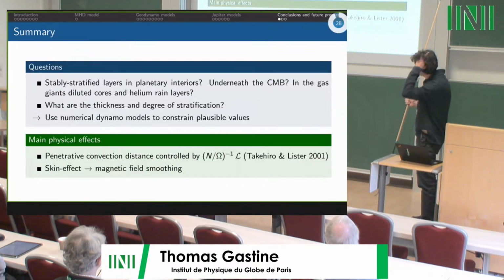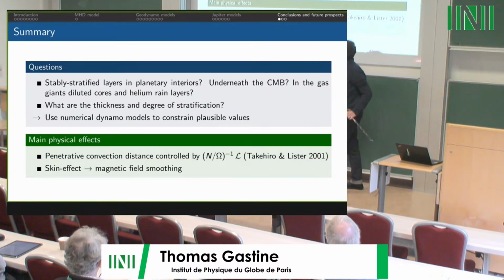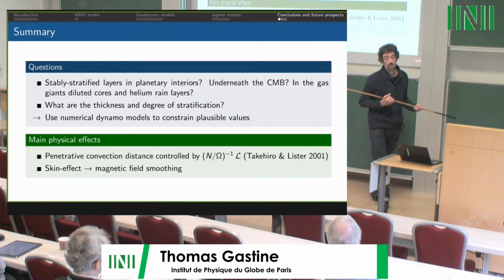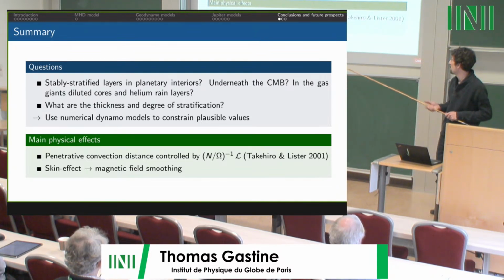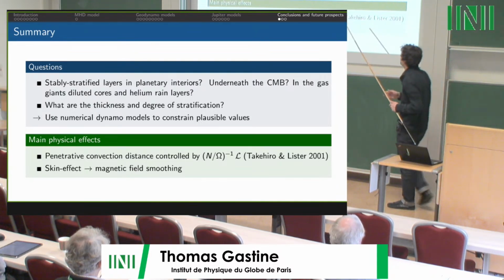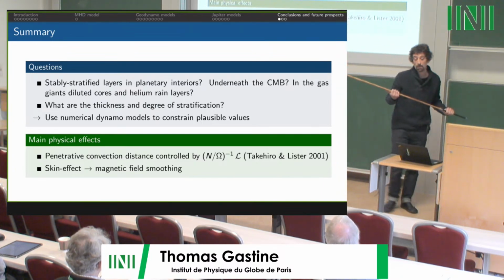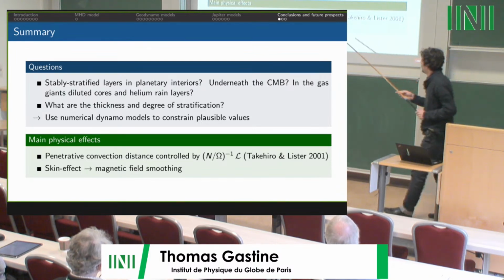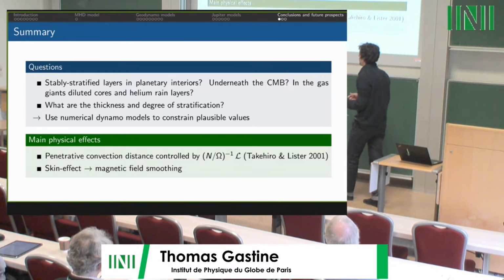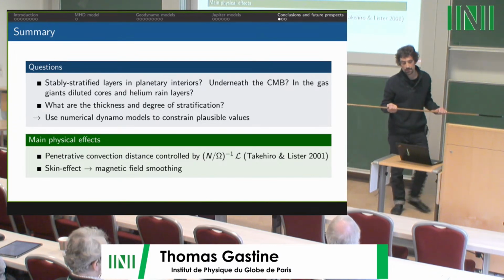So it's time to conclude on this. So the question I raised initially is stably stratified layers in planetary interiors. And there is a question mark here because there are a lot of uncertainties regarding mineral physics, seismology, and interpretation of the data. And so there is no clear answer whether there are such layers or not. So the point here was to put some constraints using dynamo models on such layers.